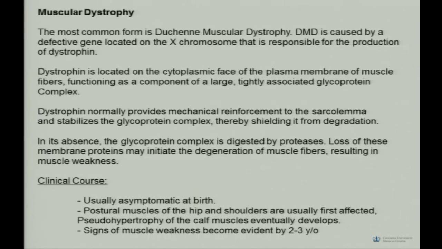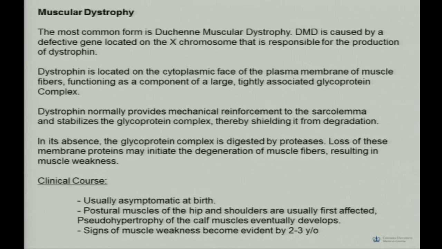So the muscle starts to break down, and it starts to get digested by proteases in the tissue. Now this is a progressive loss of muscle tissue that creates a progressive muscle weakness. So kids that are born with Duchenne's actually tend to appear completely normal at birth, completely asymptomatic at birth.